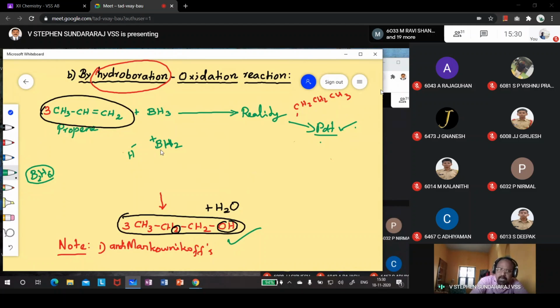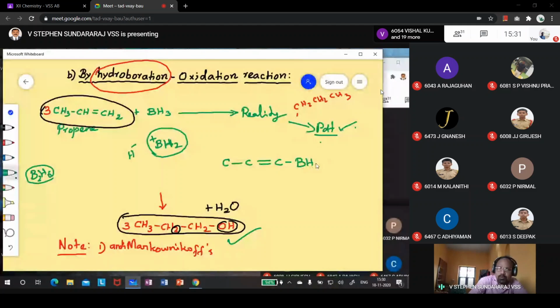But here it is understood that once this product is formed, definitely boron is acting as an electrophile. Then only, see, now I am showing the three carbon atoms where the double bond is there. So this is the side where boron is attached. Look at the explanation I gave. This is the place boron is attached, and boron means BH2.